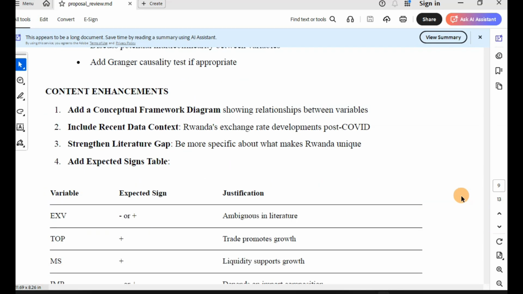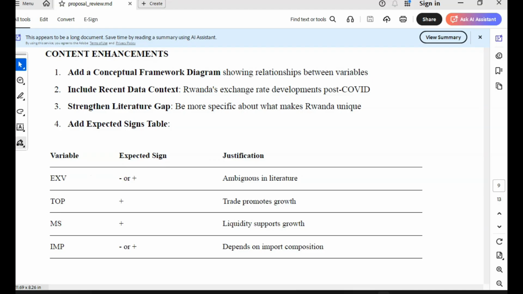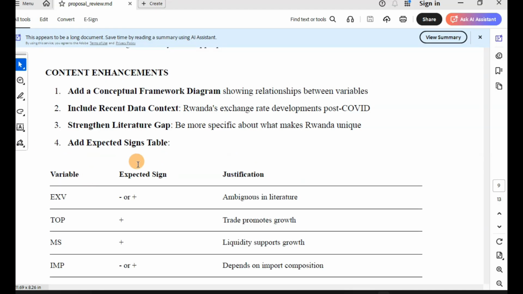Can you see the expected sign? He needs also to show the expected sign. For the proposal, he's going to show his expected sign. The exchange rate can be positive or negative in affecting the GDP. Why is it possible for the exchange rate to affect GDP positively or negatively?